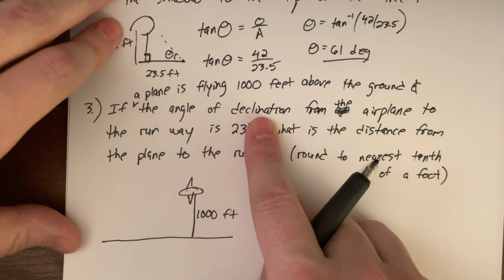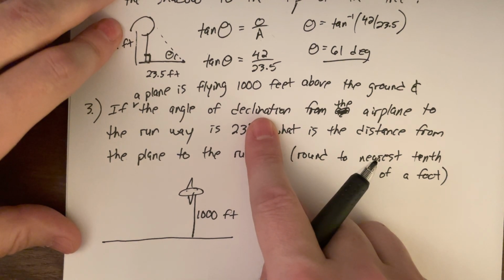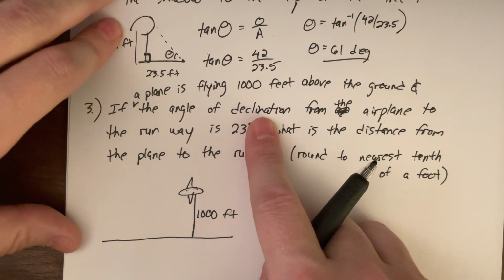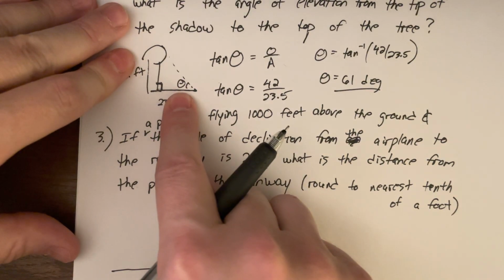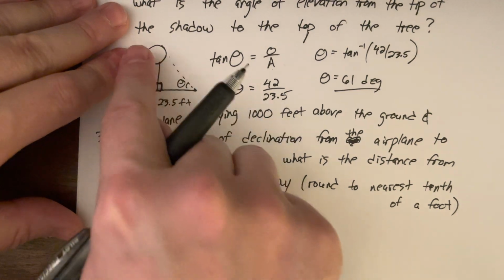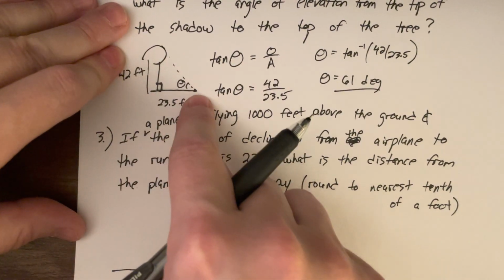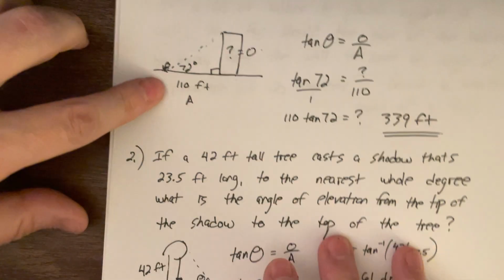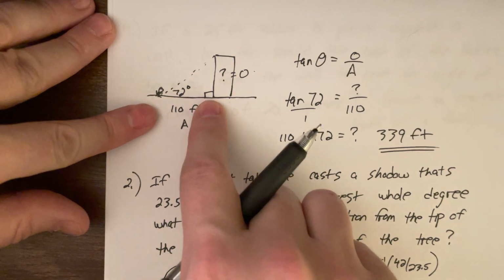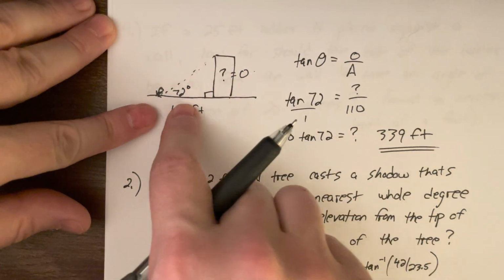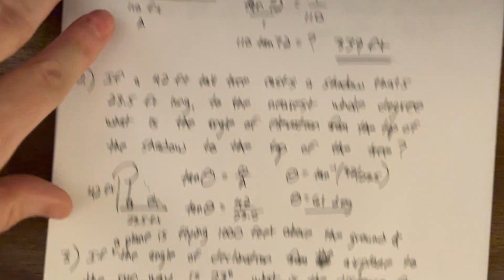A lot of times when you've seen a couple of problems, we talk about the angle of elevation. Well, elevating from what? We're always elevating from ground level. So when we talked about the angle of elevation from the shadow to the top of the tree, that formed that angle. Up here, we had the angle of elevation to the top of the building, but we went from the ground to the top of the building.